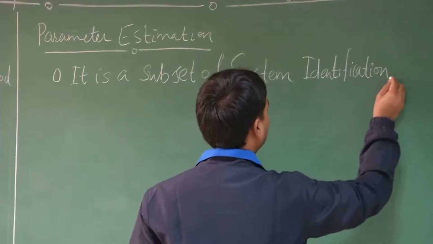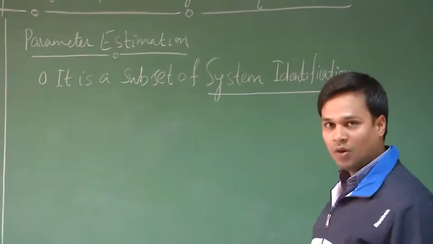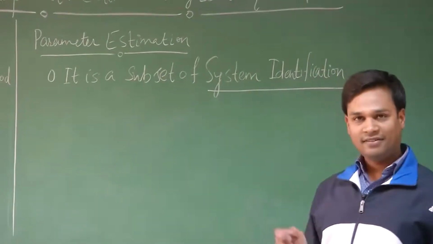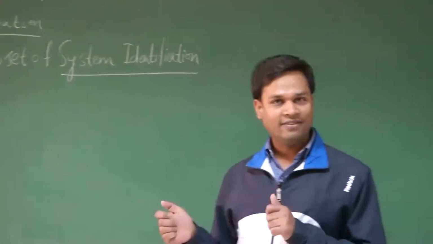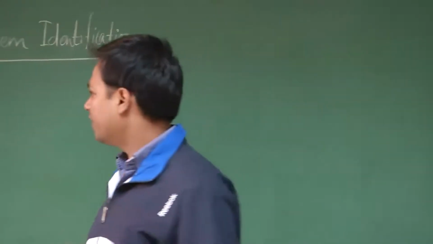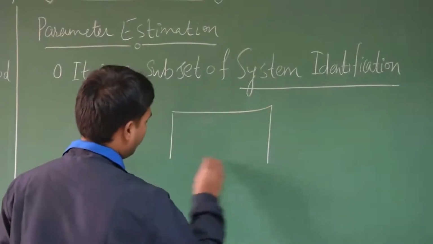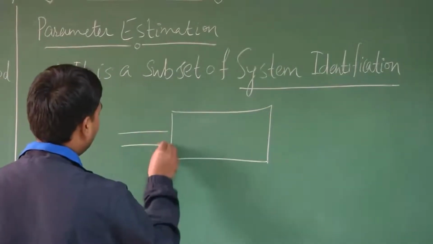Right? So here you saw this term system identification. So what is system identification? So system identification is about identifying the model with the help of input and output data, right? So let us understand this. So suppose here you have set of input data.